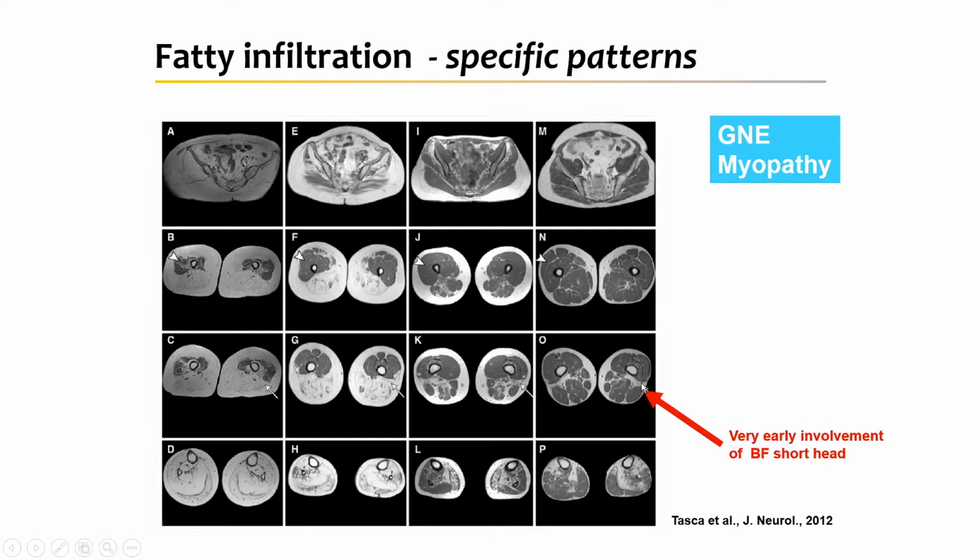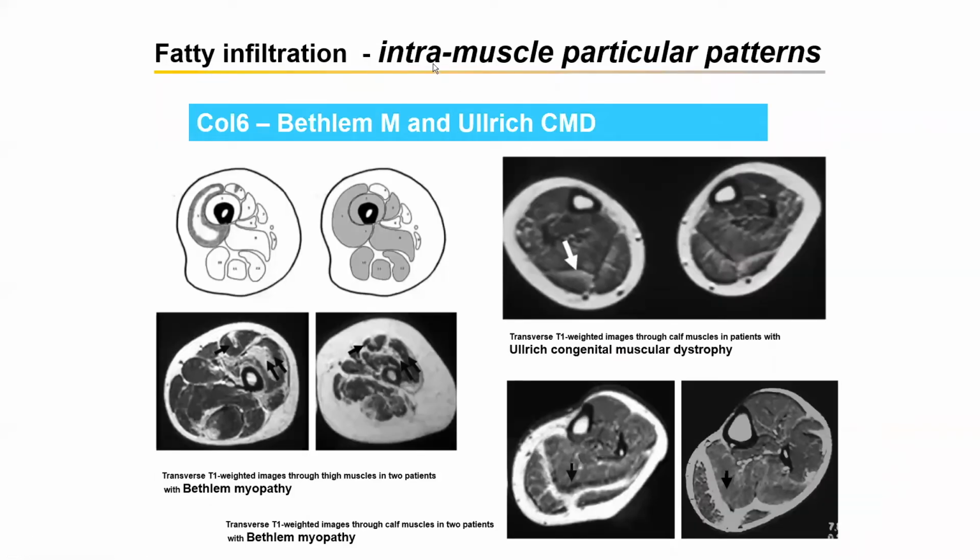And the short head of the biceps femoris, similarly to some other muscles, the gracilis, the sartorius, the rectus femoris, is more often spared than the others. So when you have a positive sign, like here, an early fatty replacement, this is a good indicator. It's a positive sign in favor of GNE myopathy.